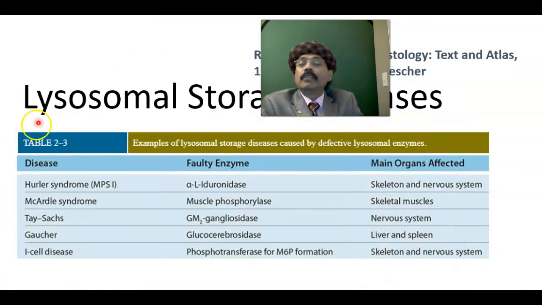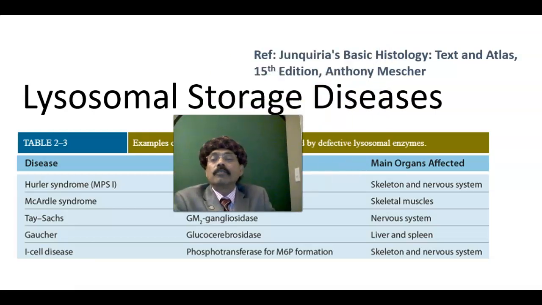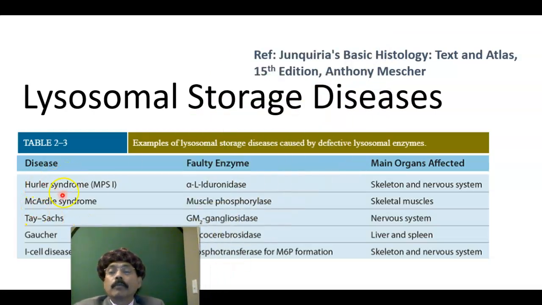So these are the list of lysosomal storage diseases. This has been taken from Inderbir Singh's basic histology, and we have to know that some of these diseases are more common in some particular ethnic groups of people like Ashkenazi Jews, and these are incurable diseases.